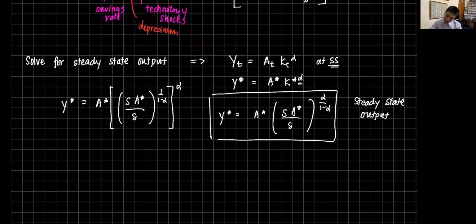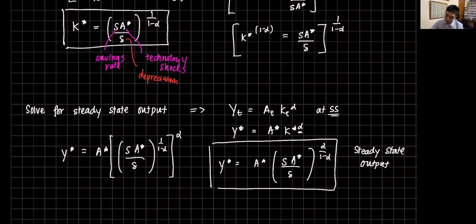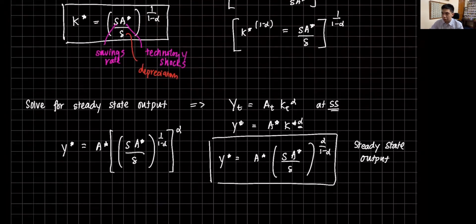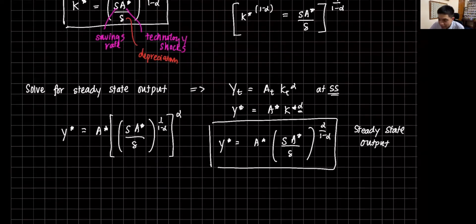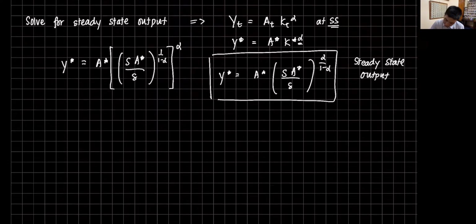Now, since we have steady state output and we solved for steady state capital, we can easily solve the other things there. We could get steady state investment, and of course, we can get steady state consumption. So let's solve for steady state investment first.